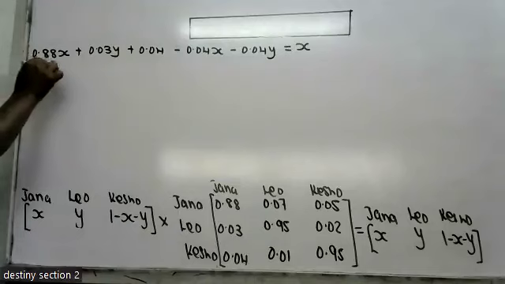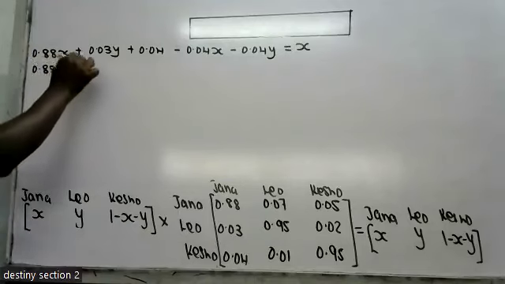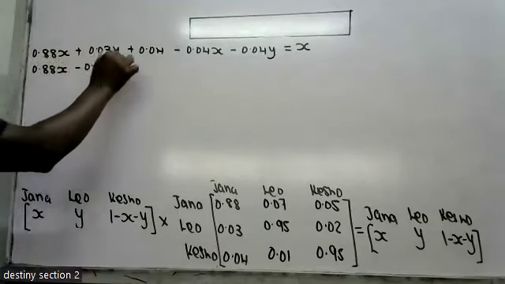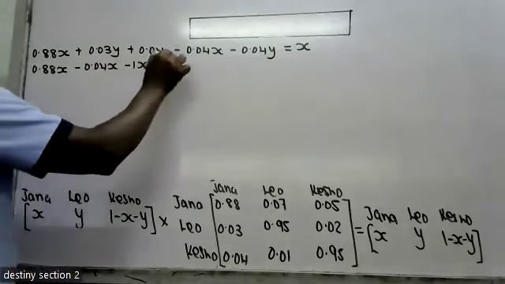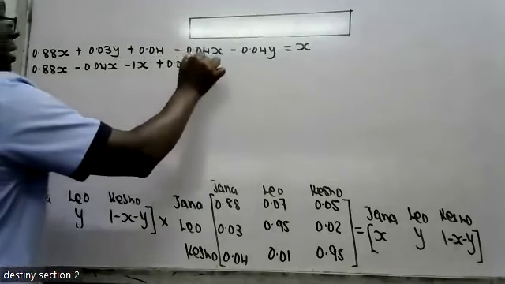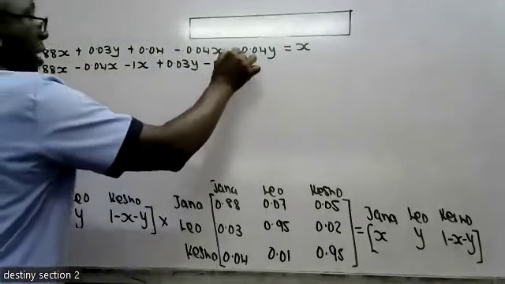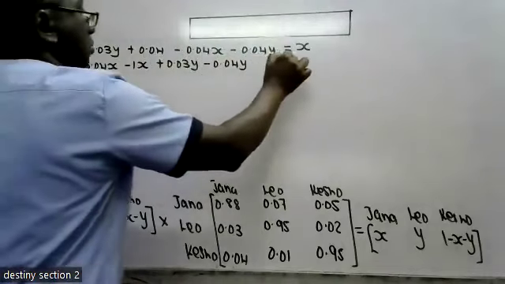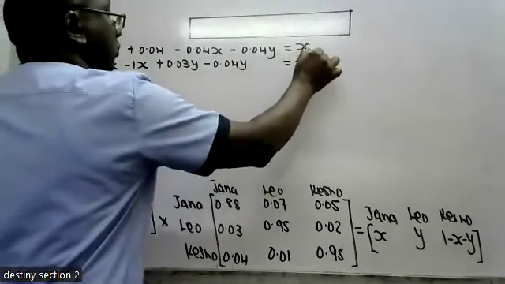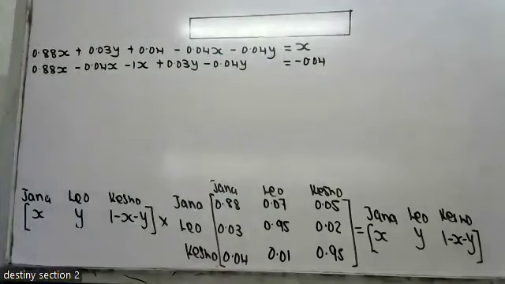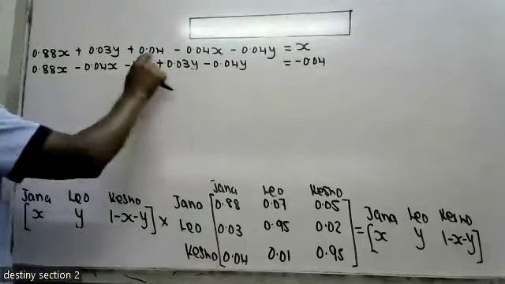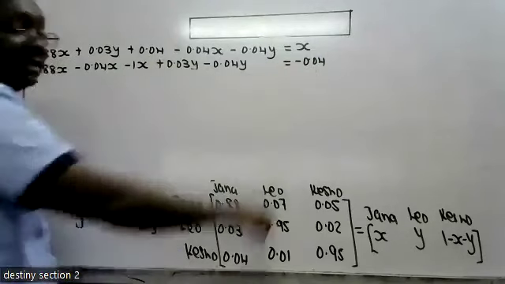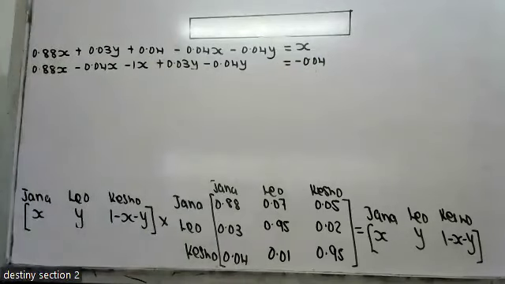So this is 0.88x minus 0.04x minus 1x plus 0.03y minus 0.04y should be equal to minus 0.04. When you put the like terms together, x's together, the y's together, and the constant goes to the other side as negative.